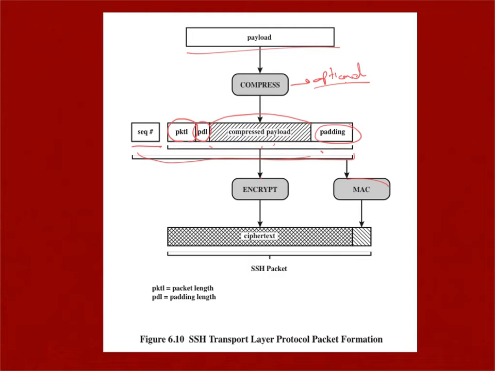Is there any preference for one sequence over the other? No. Although in IPsec, remember they kept saying that the standard prefers to store the MAC of the unencrypted text for the future. That's not really a real benefit. There's no actual benefit if you do encryption first and then MAC, or MAC and then encryption.